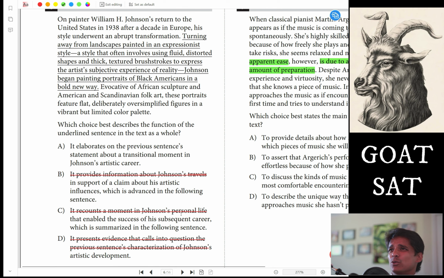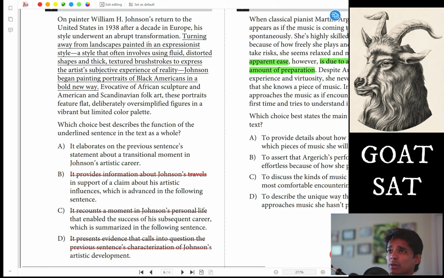It doesn't do that. There's no specific moment. There's no mention of personal life. So in terms of being specific and correct, this can't be the answer. Let's look at part D. It presents evidence that calls into question, it doesn't call into question anything. If you read the structure of this, it supports what's up here, so that doesn't work.